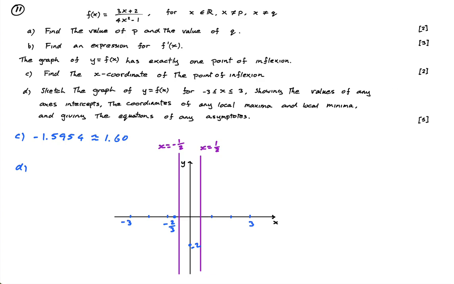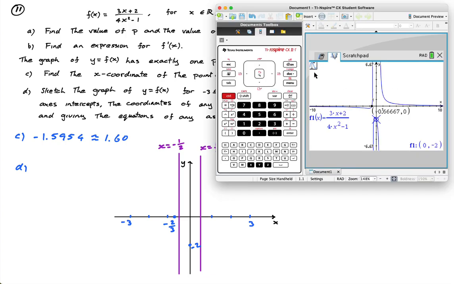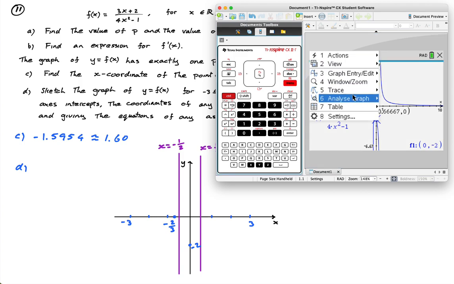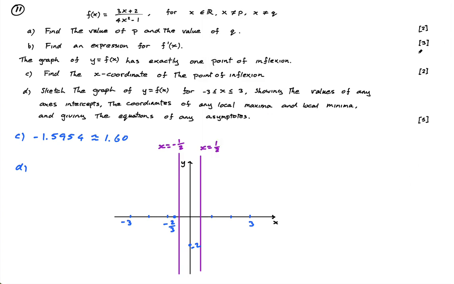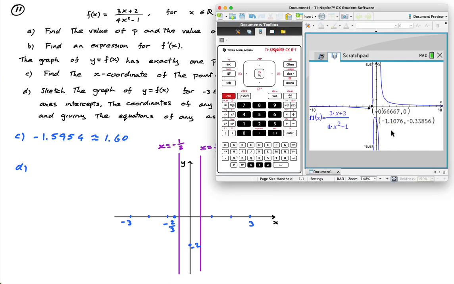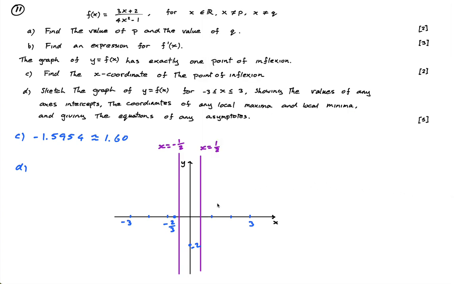And the maxima and minima then is the last thing he wants. So let's do the minima first. Minimum. So there's one here. Well, no, there's nothing over there. So at -1.1076, I'll put that here. Hang on. So it's -1.1076 and -0.33806.